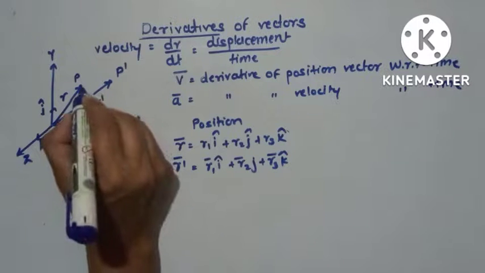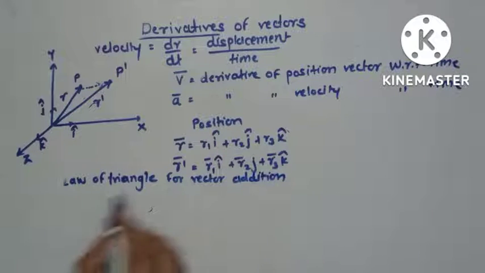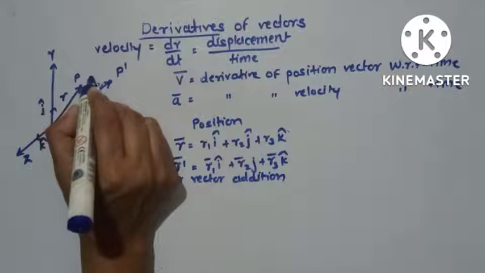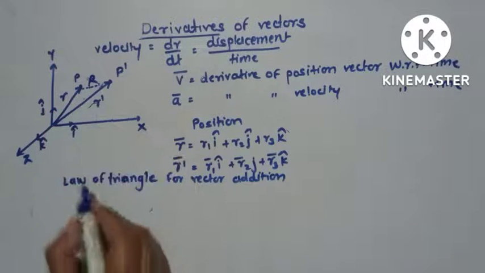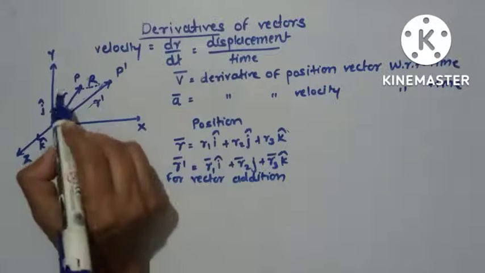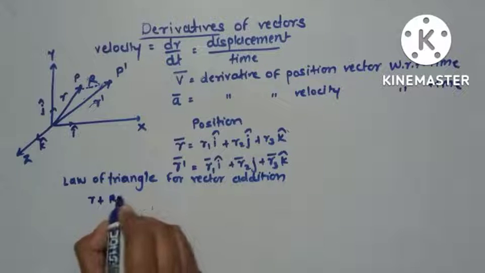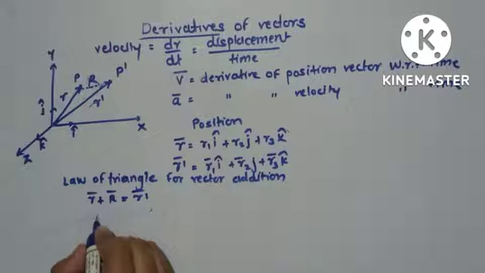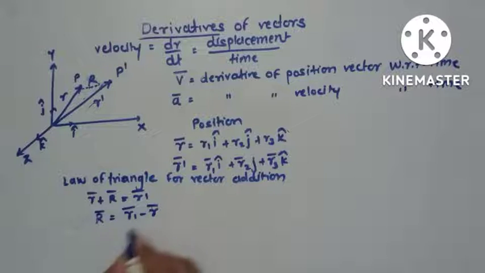Now let us complete this triangle. Using the law of triangle for vector addition, let me call this capital R. So r plus capital R is equal to r dash, all these are vectors, or capital R is equal to r dash minus r.